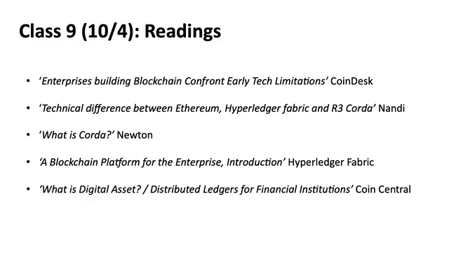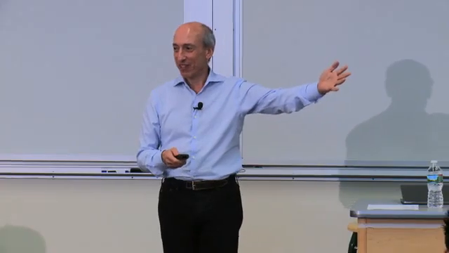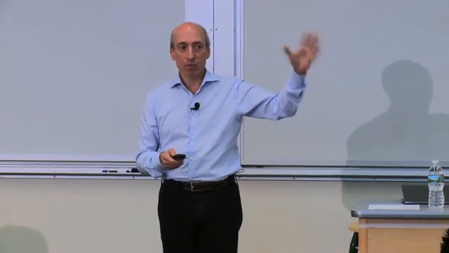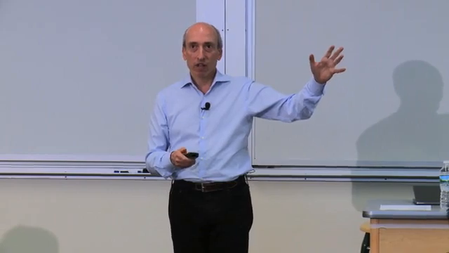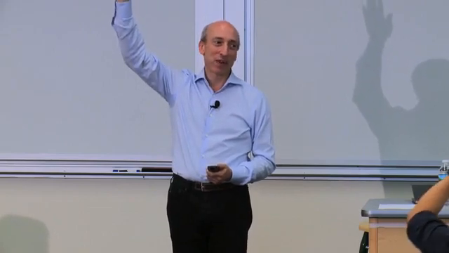So these were the readings, and now we're back to basics again. What is a blockchain? I know we've spent 4 or 5 lectures on it, but let's start with these key components. Append-only timestamp logs. Are they, by show of hands, in permissionless blockchains? I hope every single hand goes up.